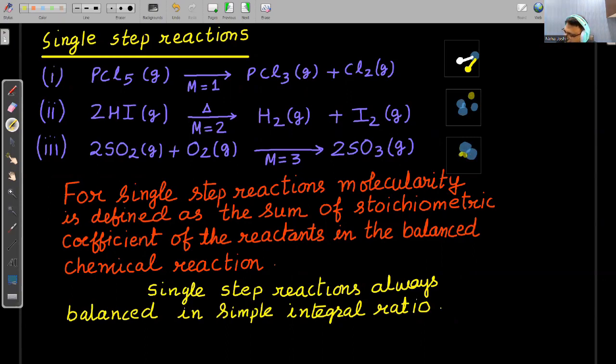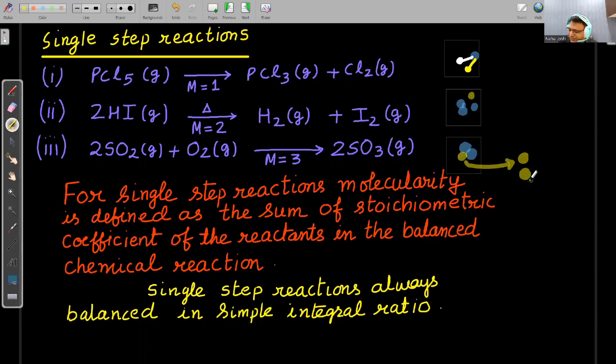Three molecules are participating in this collision, and because of this collision, two molecules of SO3 are formed. So simultaneously three molecules are colliding, right? And reactions with molecularity 3 are very rare, and greater than 3 is very rare, right?